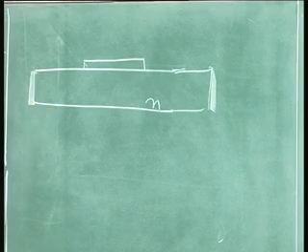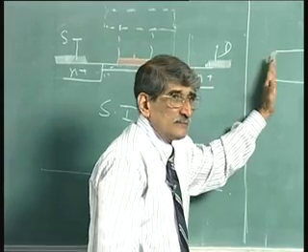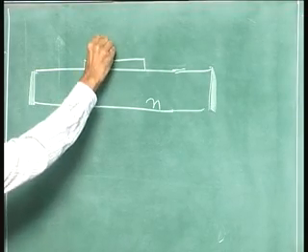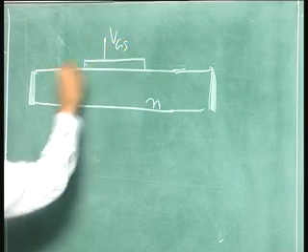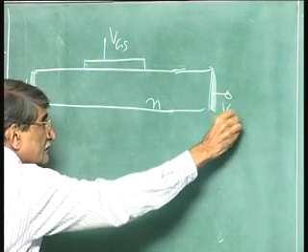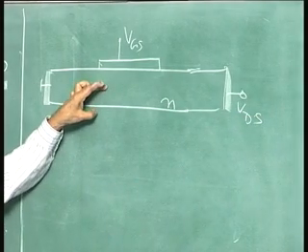Physically it is not ohmic, not the metal, but electrically that is the contact. When I apply voltage between these two, this is the VDS, I am showing only the layer.